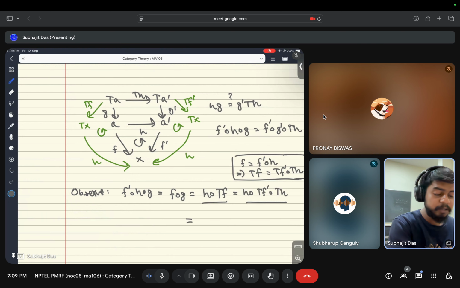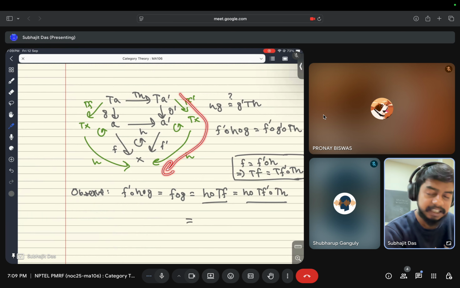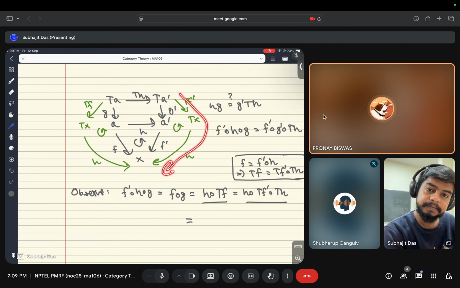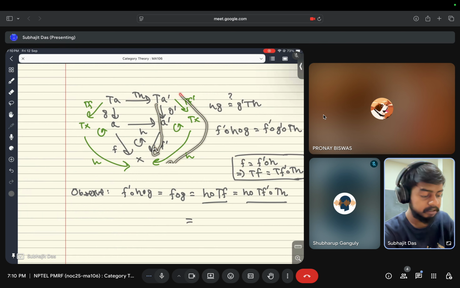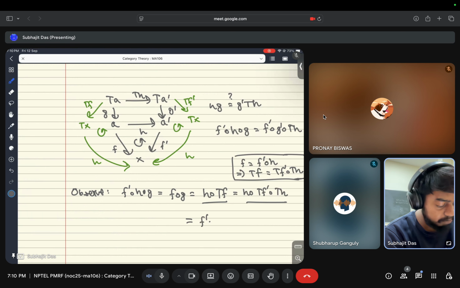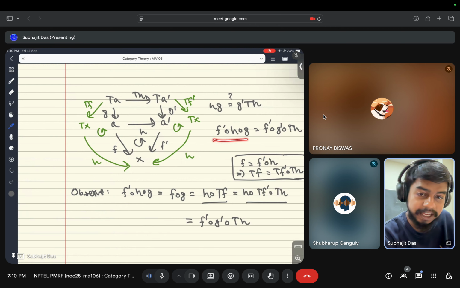Now what is H composed with TF prime? This is equal to? Yeah, so this is F prime composed with G prime composed with TH, right? So see what we wanted. Okay, why are we done?